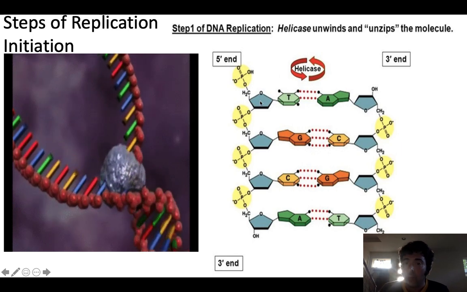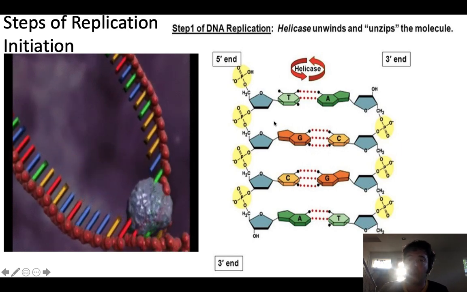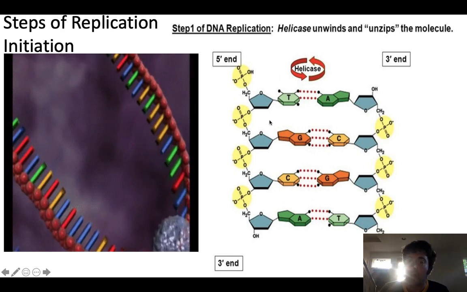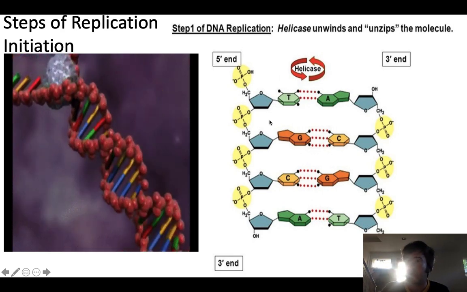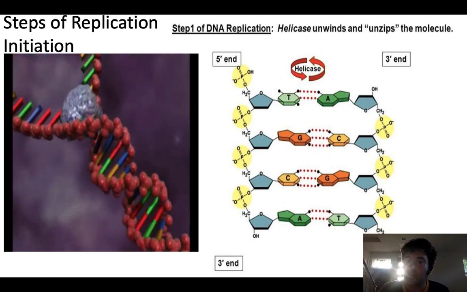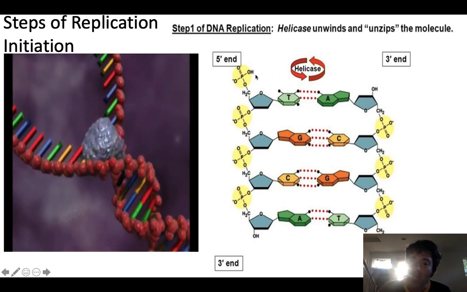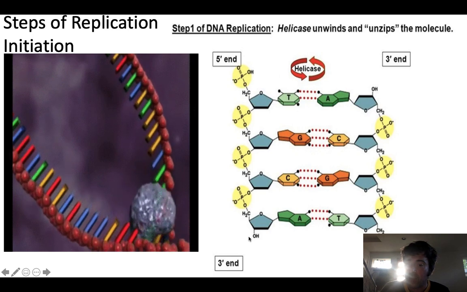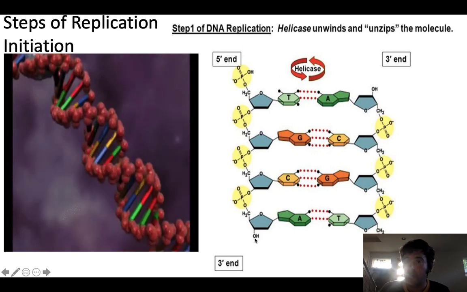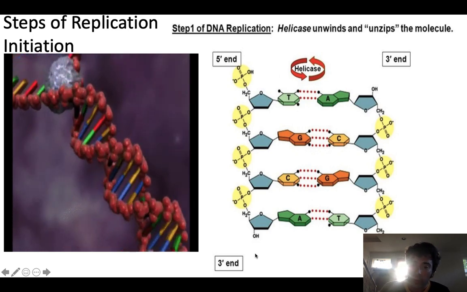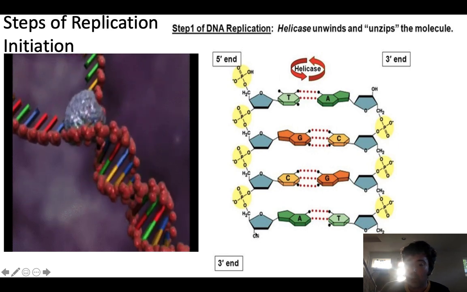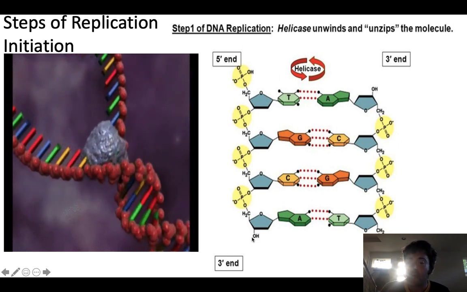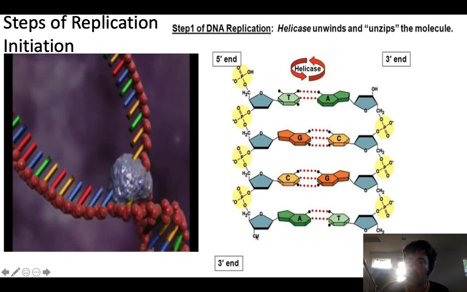It's important to recognize the 5' and the 3' of a DNA or RNA molecule because it matters for replication, transcription, and translation. The 5' end of a DNA molecule has a free phosphate, and the 3' end has a free hydroxyl. In order to link one nucleotide to another, you need that free hydroxyl for dehydration synthesis to occur.